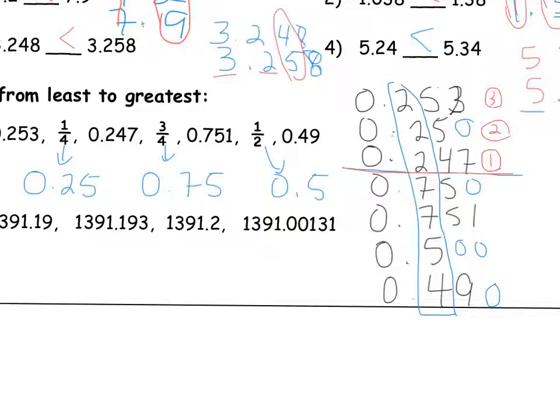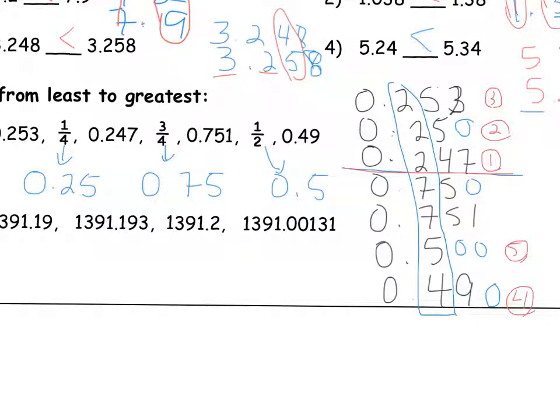And then I go back to looking at the tenths place again. So I have 7, 7, 5, and 4. So the decimal 0.490 is going to be the least in the tenths place, so that would be my 4th one. And then I'm comparing 7, 7, and 5. 5 in the tenths place is less than 7 and 7, so that would be my 5th number.